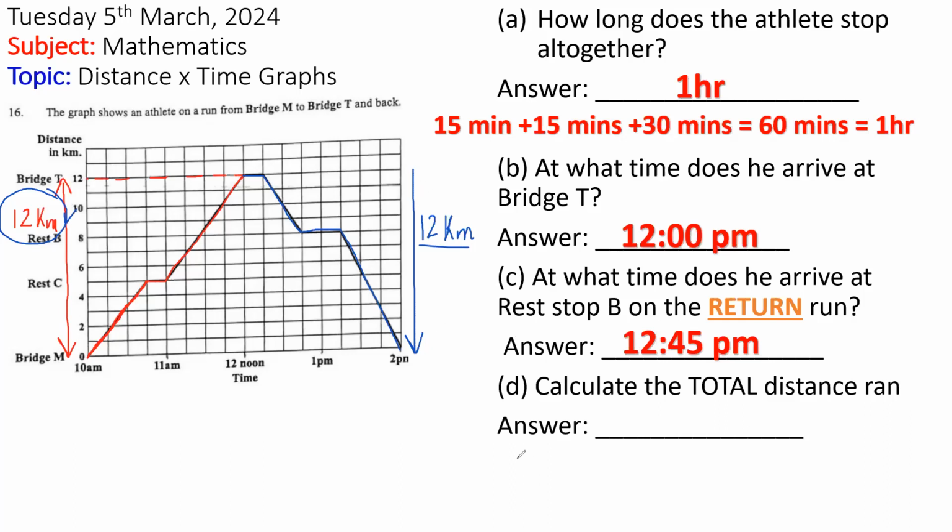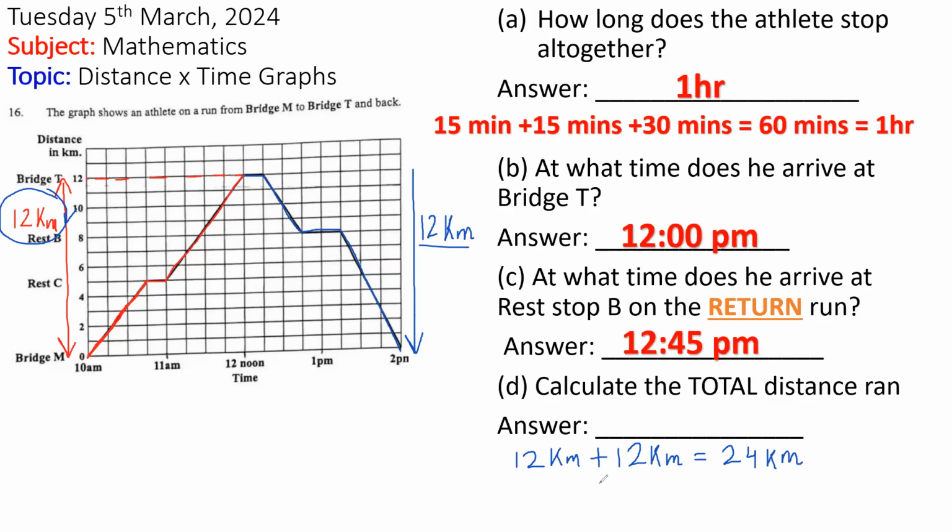That means his total distance is 12 kilometers plus 12 kilometers, which is equal to 24 kilometers. Very good.